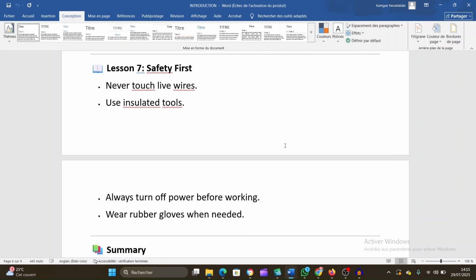If this is really the case, and as long as you are trained for this, use insulated gloves. That's what they say, use insulated tools. Safety says never, but at times the need may be there for you to do that. In that case, use insulated tools. Use good judgment before you attempt to touch whatsoever.